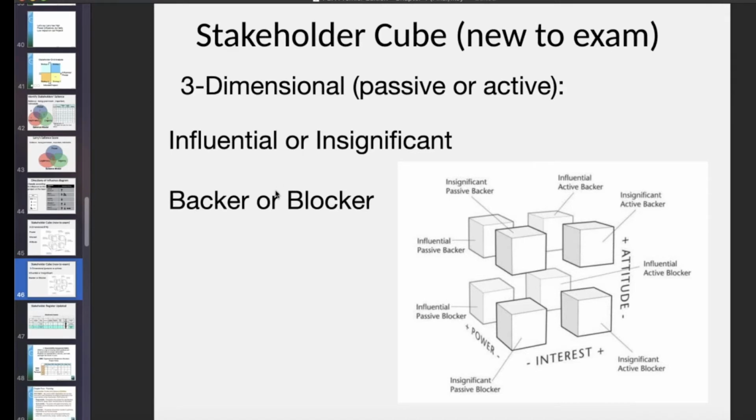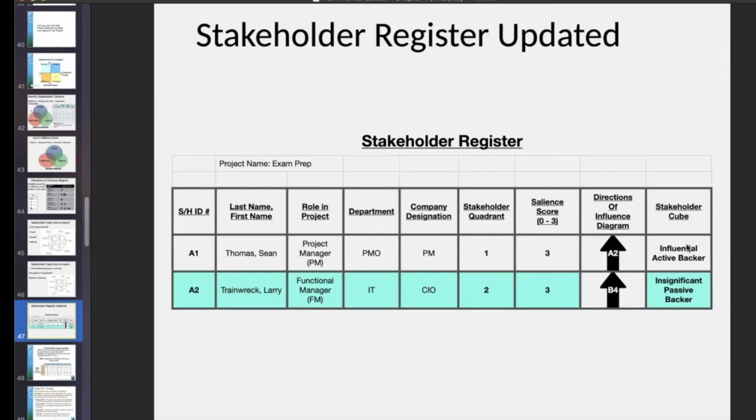Go through each person and decide, and then update that risk register. Influential active backer. And who can they influence? It tells me right there. And they're prioritized by importance on my project. Do you see how useful this is? It's incredibly useful. What a great tool.